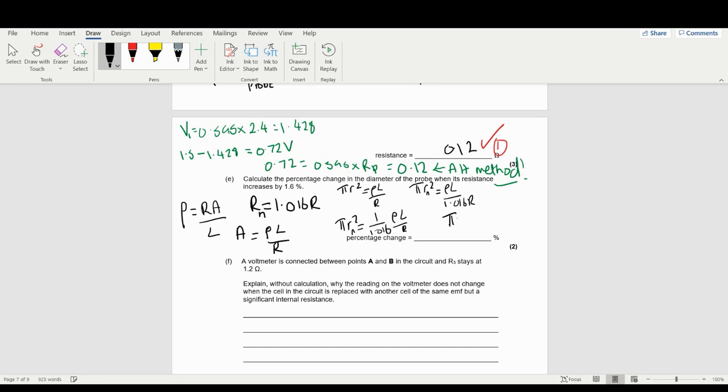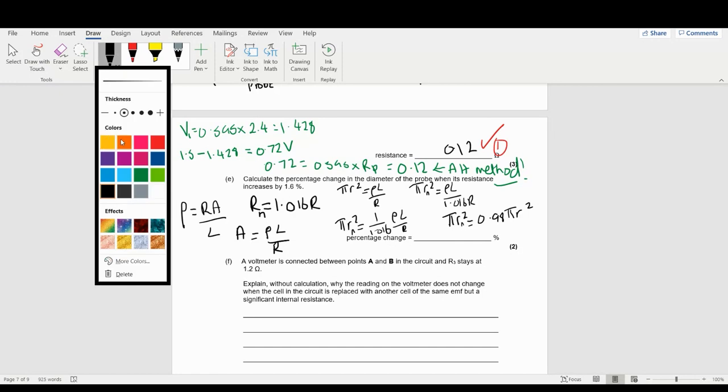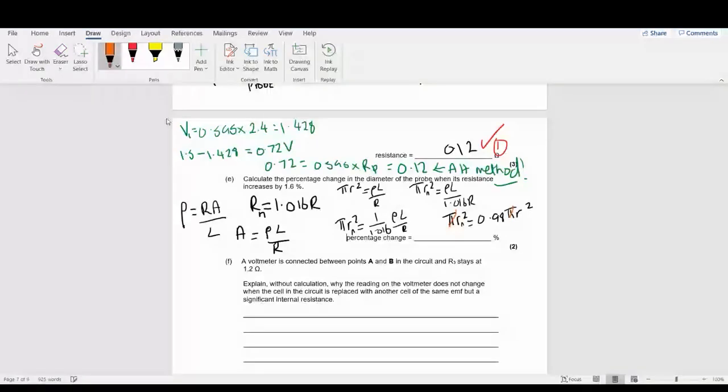So pi r squared equals 0.98 rho L over R. So this is the new pi r squared there. And loads of things cancel out. So pi cancels out. So just to make you aware, that is that there. So this is the old area, okay?